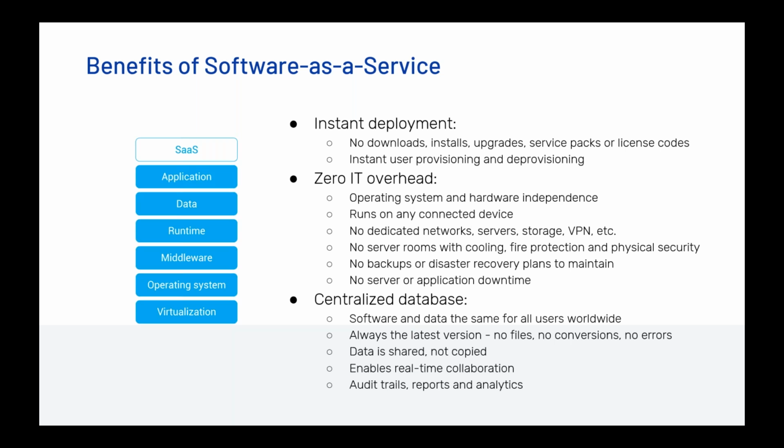It's all in the cloud, Amazon Web Services. You always have access to the latest version. You're not sharing or copying data. It's all shared in real time. And you have full audit trails of the data, reports, and analytics. And in future webinars, we're going to get into more information and some more advanced capabilities with release schemes and so on.